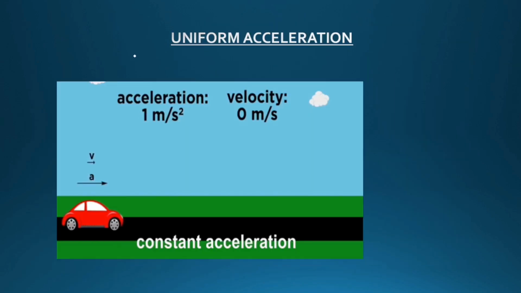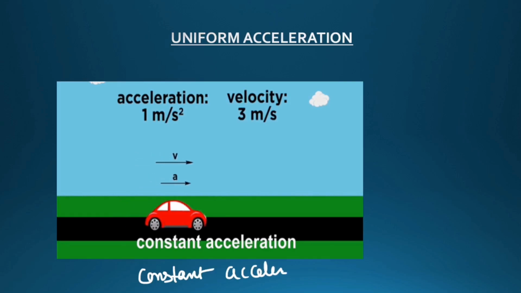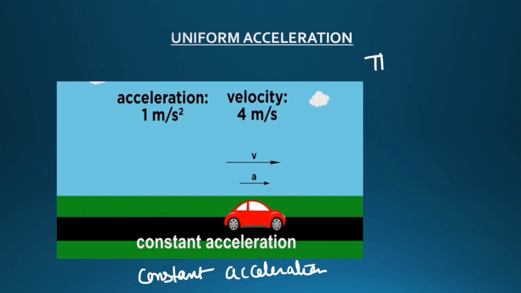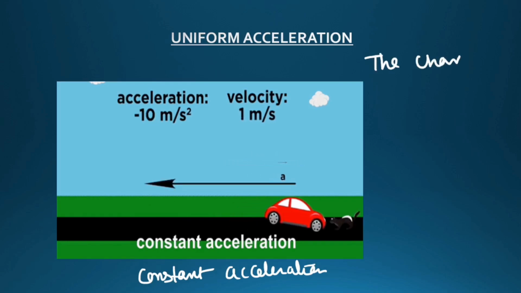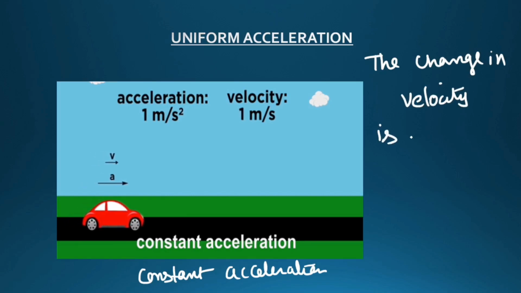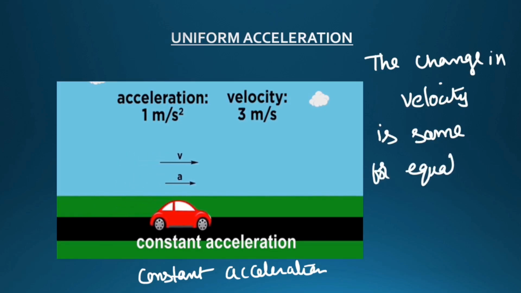Now, coming to uniform acceleration. See clearly, if a body is moving with constant acceleration, observe the picture. Here, the velocity changes. The change in velocity is same for equal intervals of time.